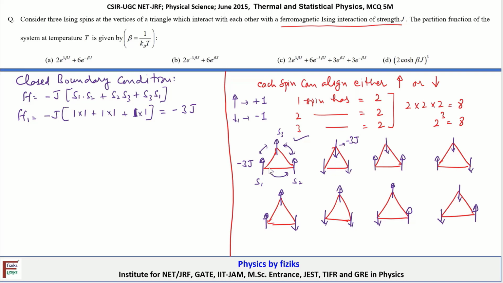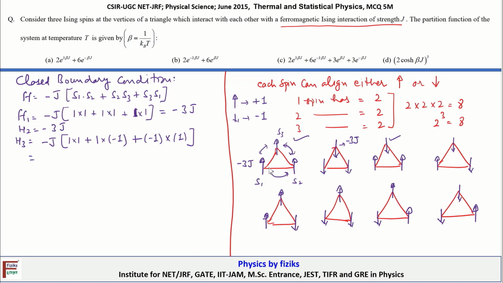Now let's take another example, case 3. For case 3 I am calling the interaction energy H3. Let me write here that for H2 the interaction energy is minus 3J, and for this case the interaction energy is minus J. S1 and S2 are pointing in the upward direction, so S1 S2 gives +1 into +1, plus S2 is +1 and S3 is pointing in the downward direction, so multiply by -1, plus S3, again pointing downward, multiplied by S1, which is pointing upward, +1.